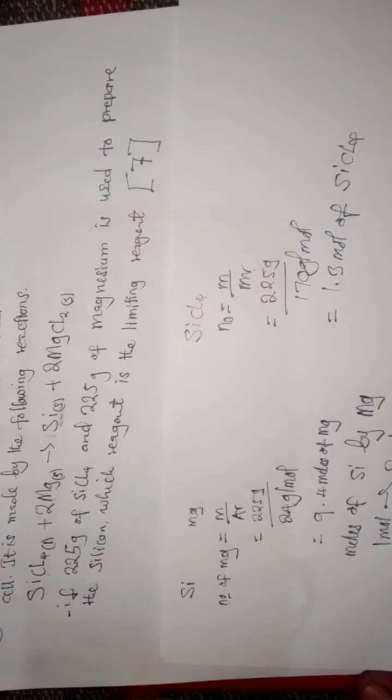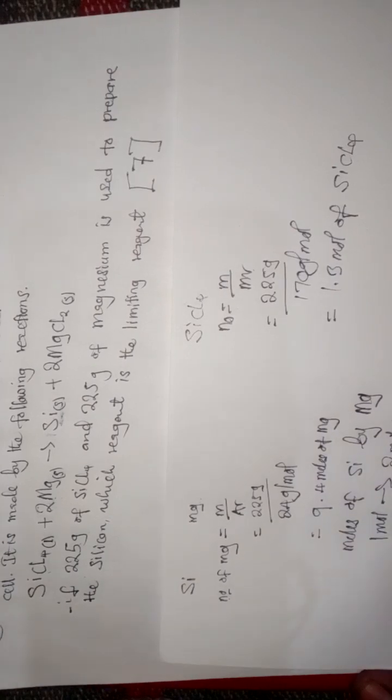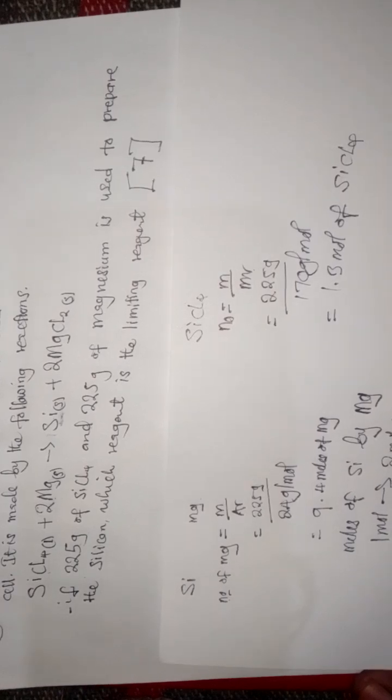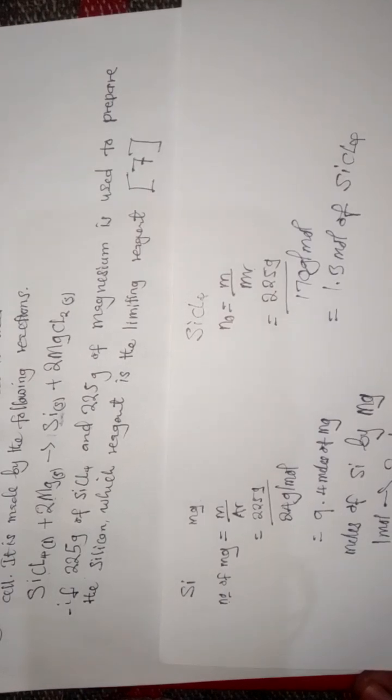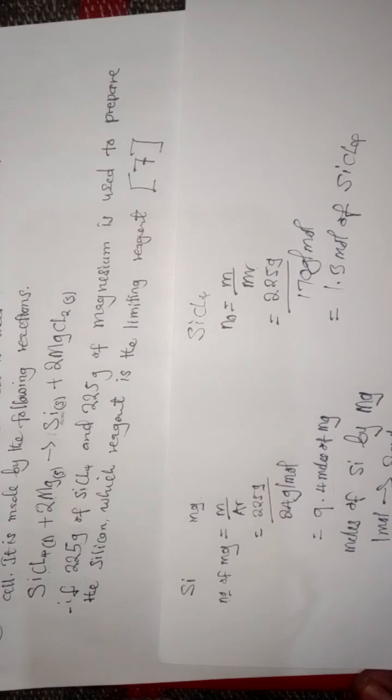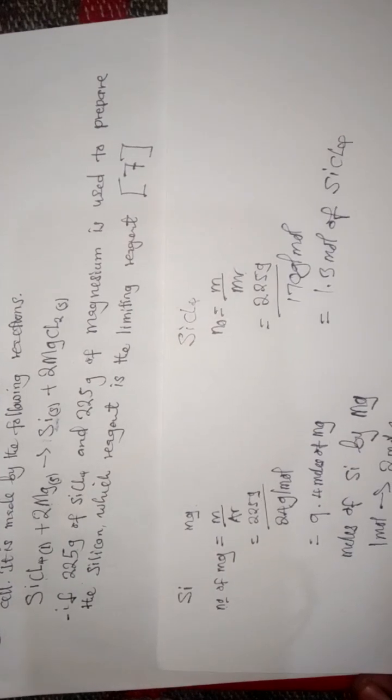What else? Then you can say x moles of this silicon we don't know, because we only have it for silicon chloride, but for silicon we don't know. We can say it is equal to the number of moles of magnesium. I found this one, it's 9.4. Now we cross multiply.